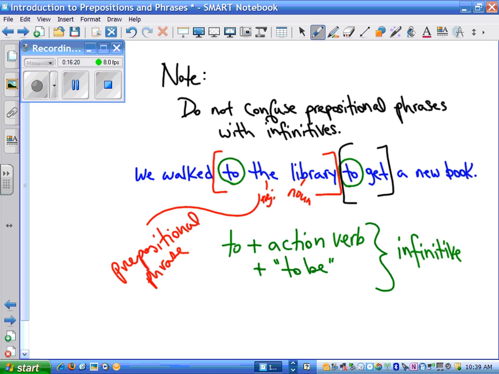Now, if I look at the second pattern that I've introduced to you, to plus a verb, if I have that, then I know I have an infinitive. To plus a noun, prepositional phrase. To plus a verb, infinitive. And get, I don't have to tell you, but I will anyways, is a verb. So I know. What do I have here? I have an infinitive.